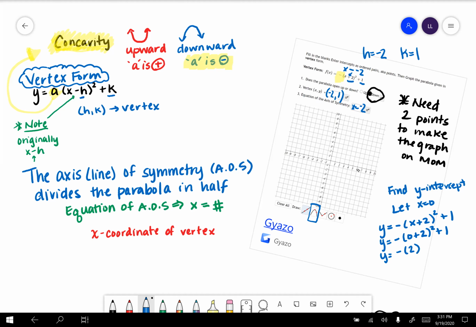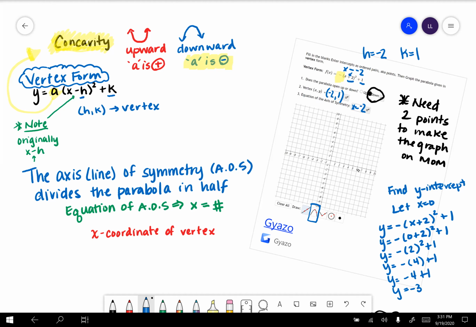So 0 plus 2 is 2 squared plus 1. 2 squared is 4 plus 1. y is equal to negative 1 times 4, which is negative 4. Anytime you see a negative out there, that's like saying negative 1. So negative 1 times 4 is negative 4 plus 1, which gives us a negative 3.